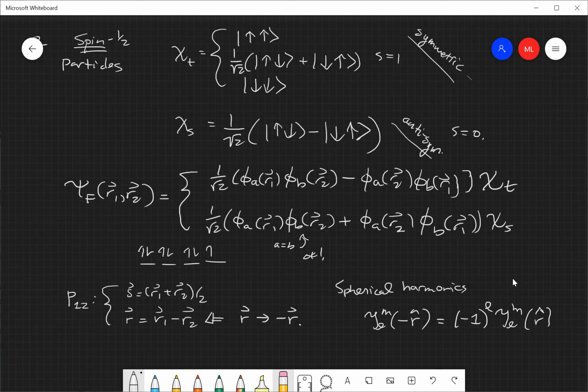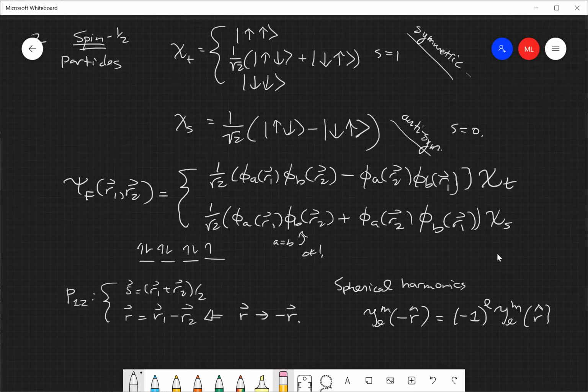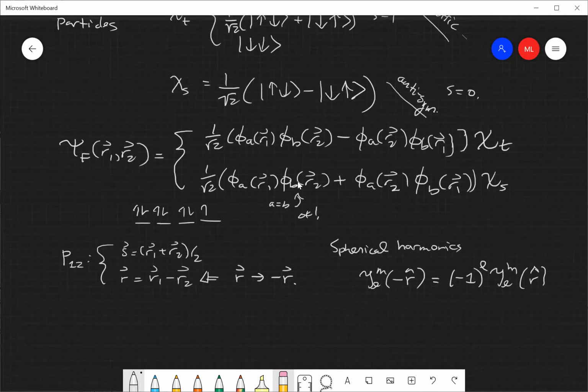So you pick up a minus sign whenever you have odd L. And so if you think about expanding these spatial wave functions in spherical harmonics, you see that if you're in the spin singlet state, you better have L be even in your expansion, because if you have odd L, that'll pick up a minus sign, which you can't have, because we know that the spatial part has to remain symmetric under particle exchange.